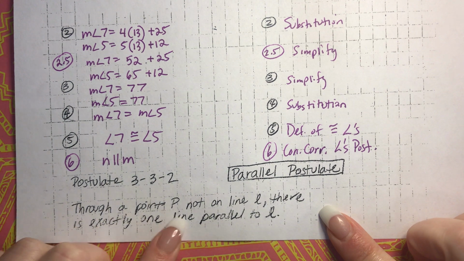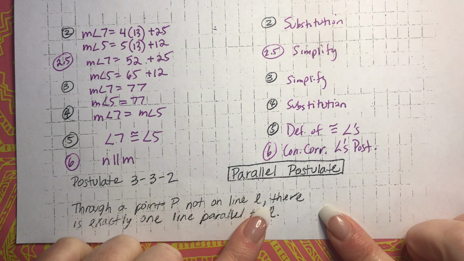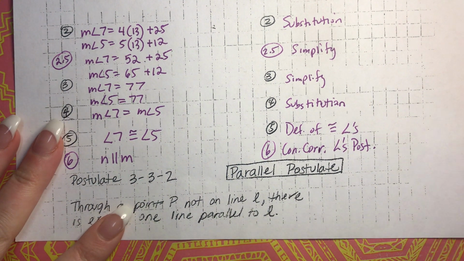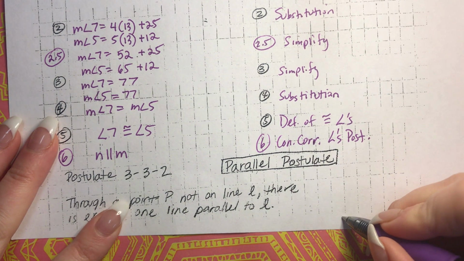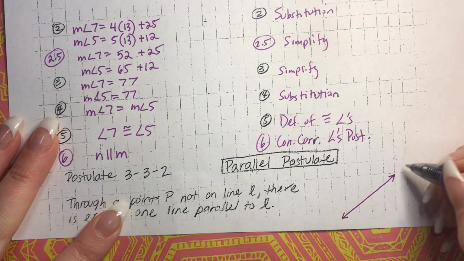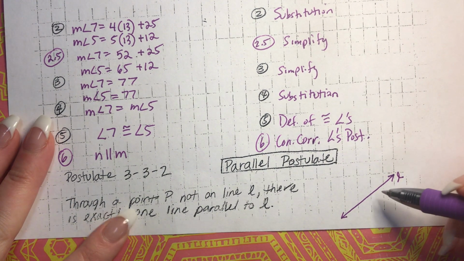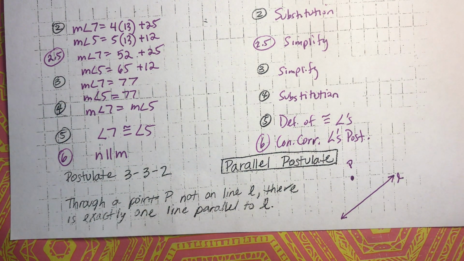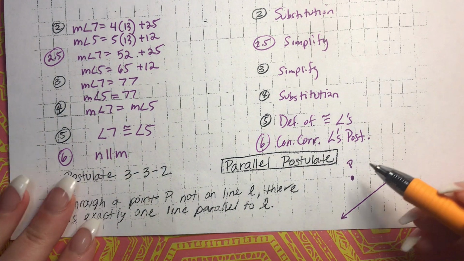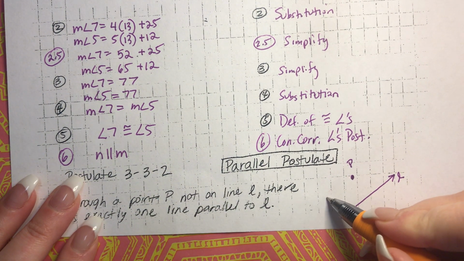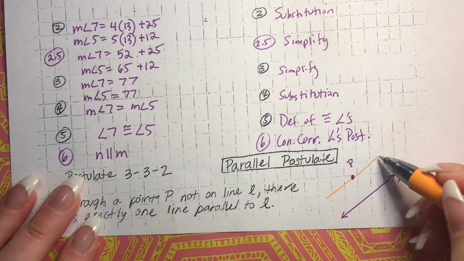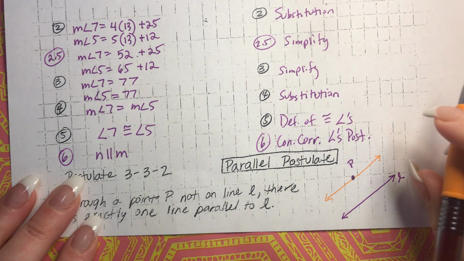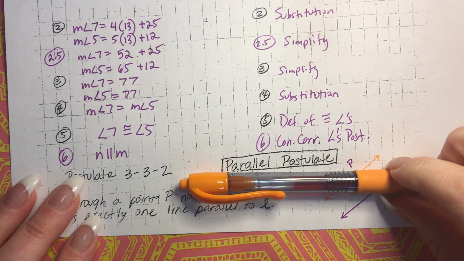It basically says through a point P, not on line L, there's exactly one line parallel to L. So what this means is we have a line, this is line L, and through a point that's not on this line, let's call this point P, there is only one line that can go through this point that is parallel to line L. There can't be any other line that goes through P because it wouldn't be parallel.